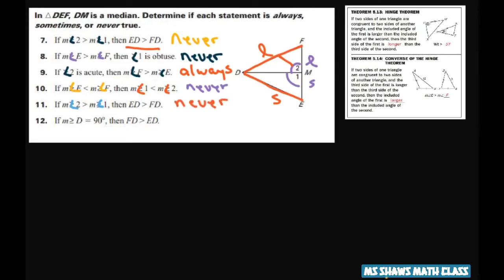All right, and finally, if the measure of angle D, this whole angle here, is 90 degrees, then FD is greater than ED. That's also going to be never.